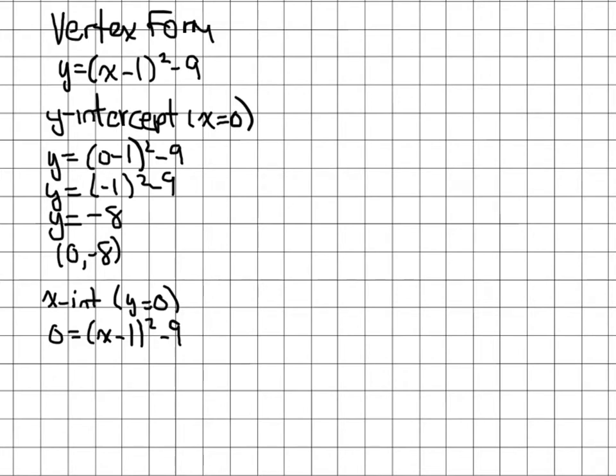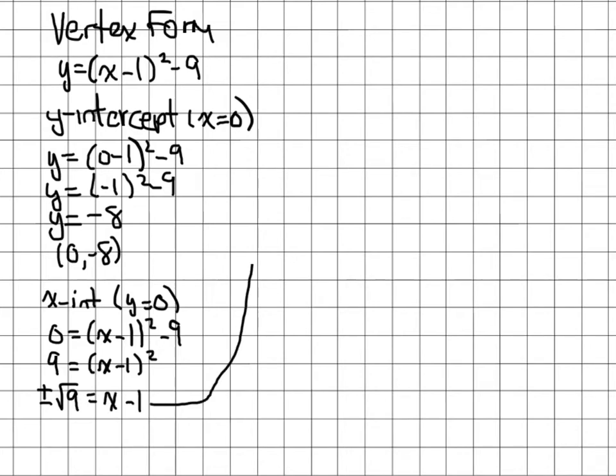So I have to add 9 to both sides. So I have 9 equals x minus 1 all squared. And here, my next step is to get rid of the square. And what we actually have here is two possible square roots, because not only is the square root of 9 equal to 3, but it is also minus 3, because minus 3 times minus 3 is 9. So how we write this is plus or minus the square root of 9 equals x minus 1.